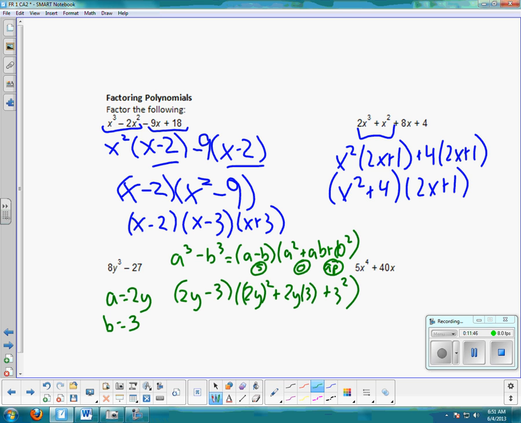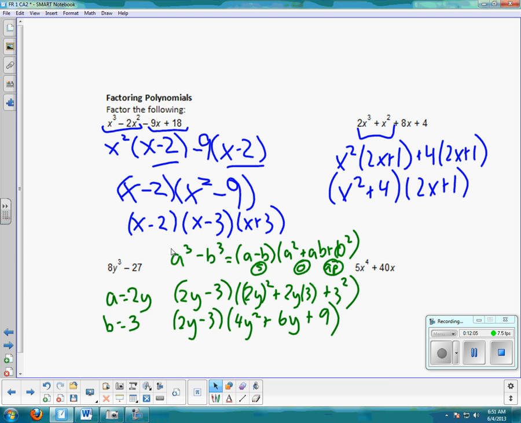Now if I go ahead and clean that up, I have 2y minus 3. If I square 2y, I have to square the 2 and the y, which is 4y squared. I have to multiply 2y times 3 and I get 6y, and 3 squared is just 9. So that is my factor.